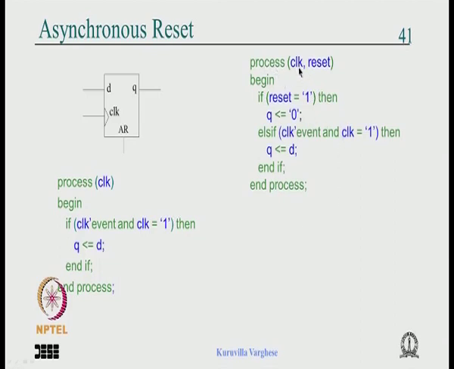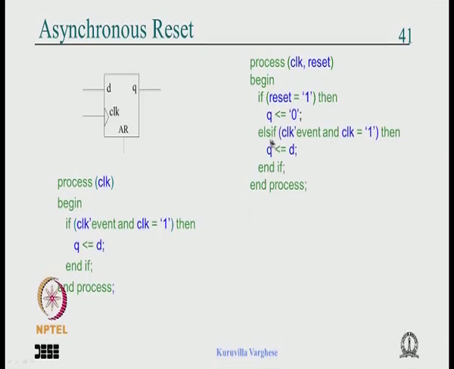Process (clock, reset), begin, if reset is 1 then Q gets 0. This is a single bit; if you have a parallel register, you say Q gets others => 0, everything is made 0. Else if clock'event and clock is equal to 1 then Q gets D, end if. Mind you, you cannot say else, because then everything is completed and we don't get the implied latch.